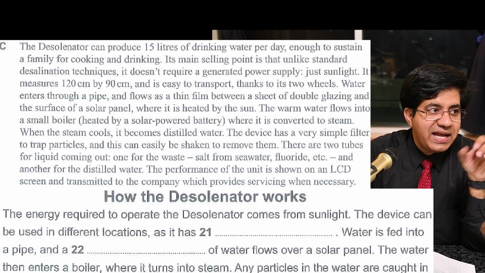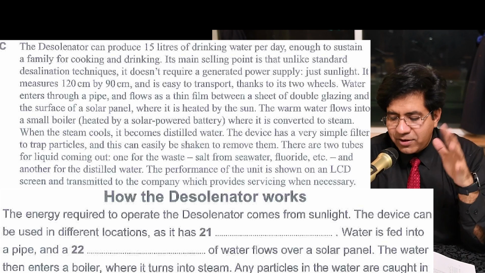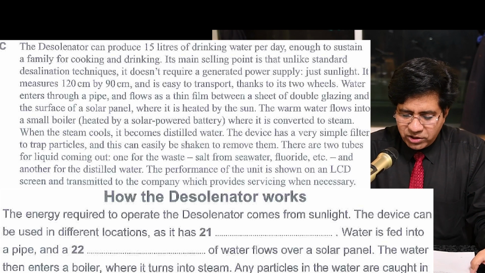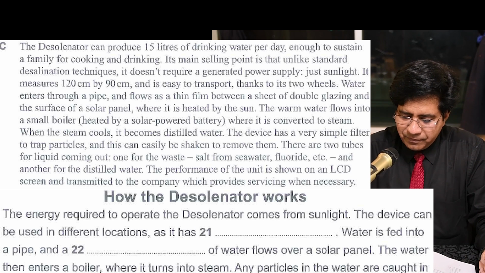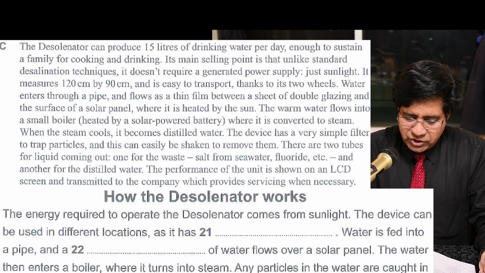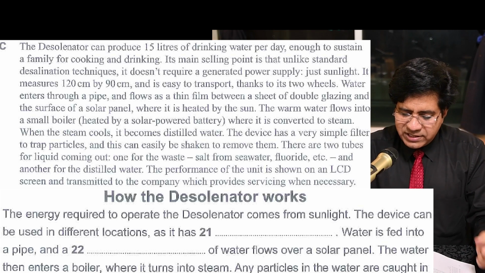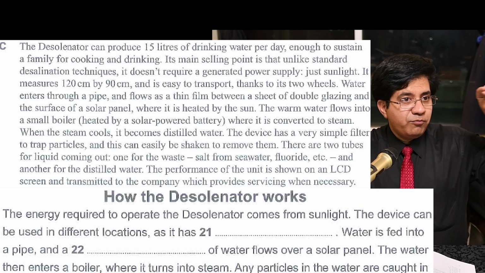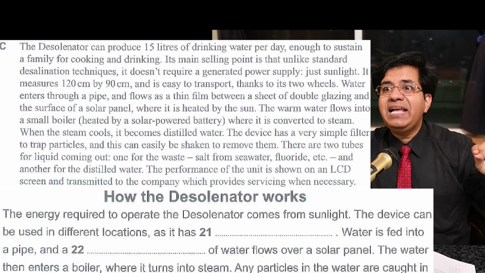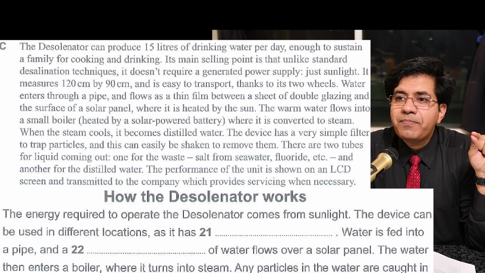Answer is in this sentence. Go back, read the question again. Water is fed into a pipe and a dash of water flows over a solar panel. Water enters through a pipe and flows as a thin film. Water flows as a thin film. So the answer is film.